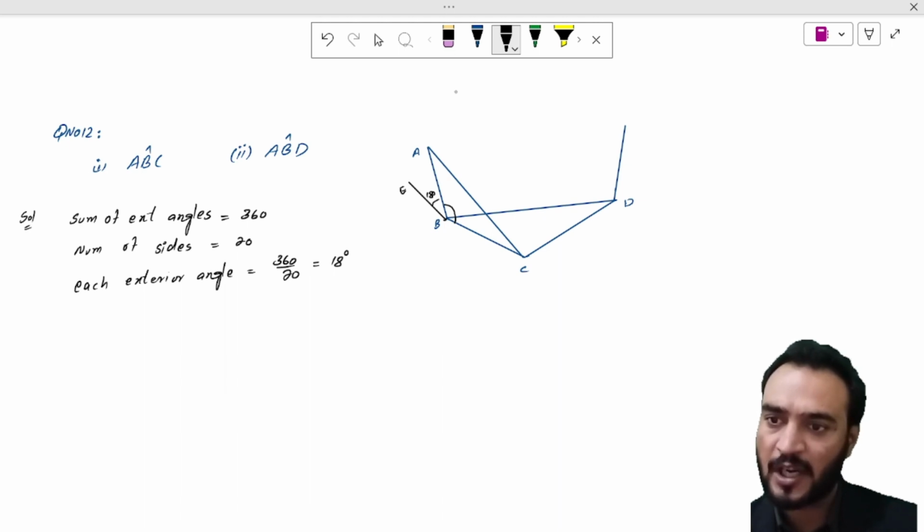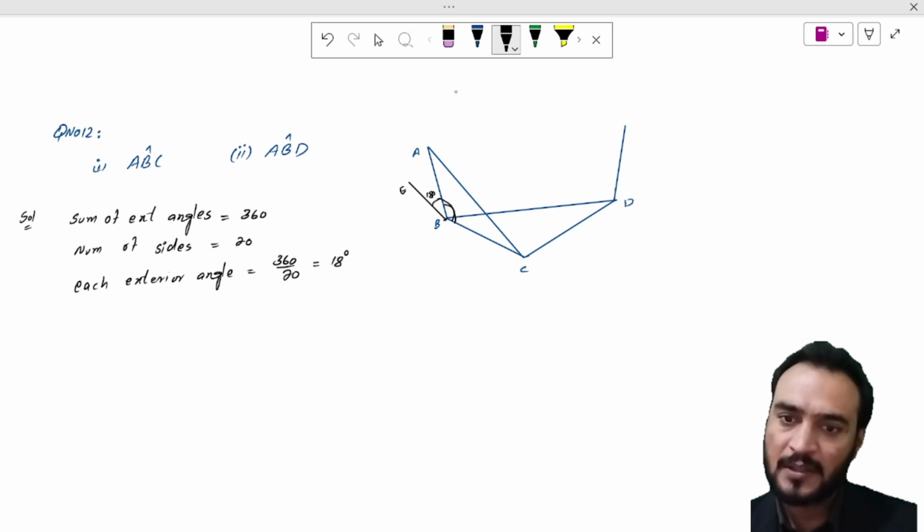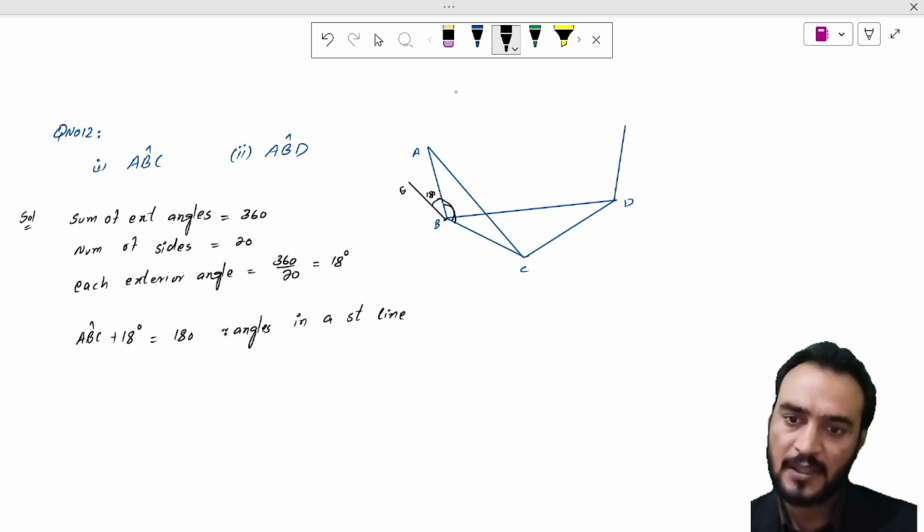CBE now is a straight line, and the sum of these two angles, that is ABC and ABE, now is 180 degrees. That is, the sum of angle ABC plus 18 degrees is equal to 180 degrees, because of angles in a straight line.